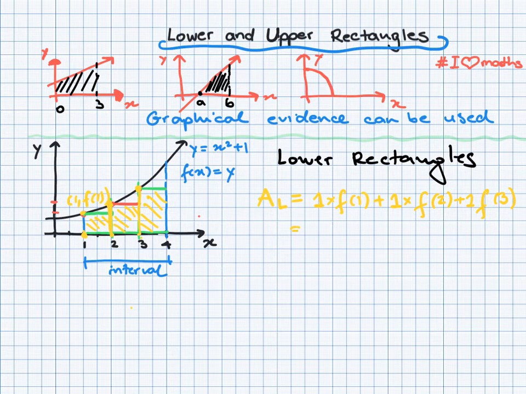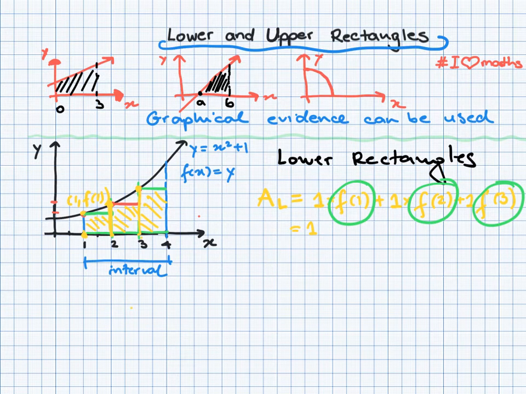Now the next step would be just to calculate. So what I'm going to do is use f of 1, f of 2, and f of 3, and calculate that on the side, the ones that I'm circling. You can do it straight away here, but I'm just going to do it on the side.